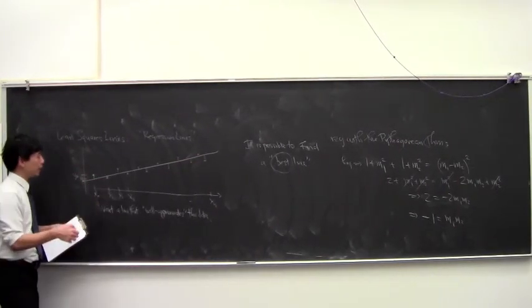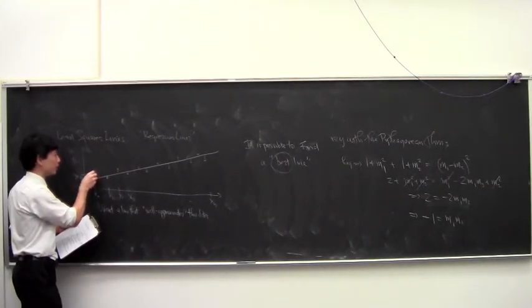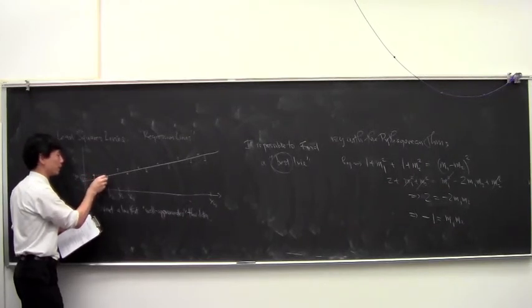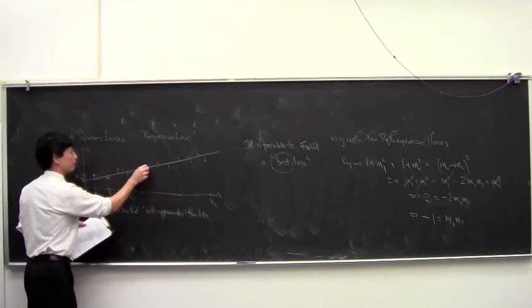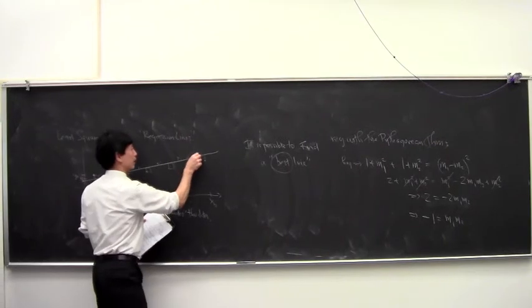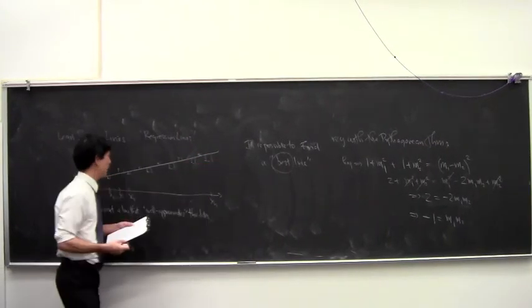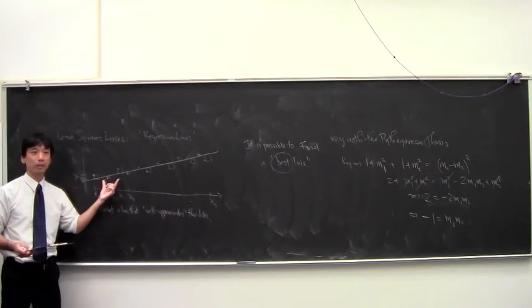Then we're going to add up all these errors, but we're going to do something funny first. We're going to square each error, and then we add all those things together. In other words, we are exactly taking the sum of the areas of these squares.